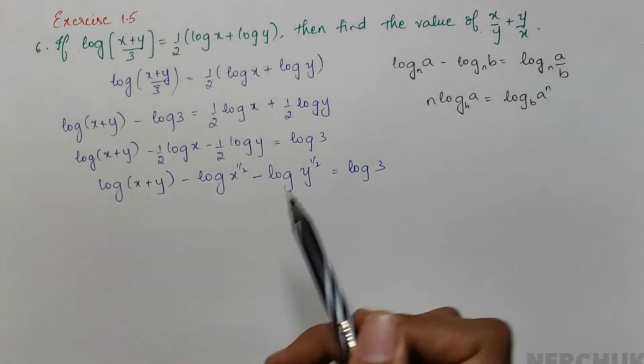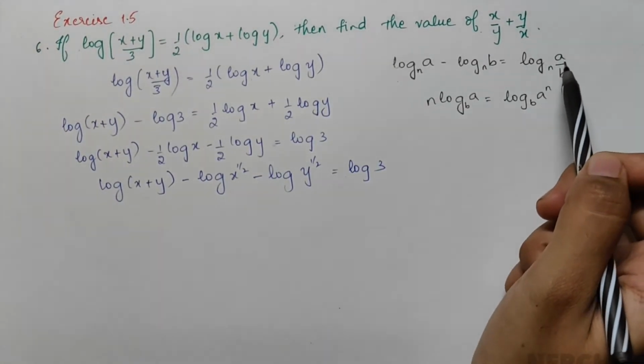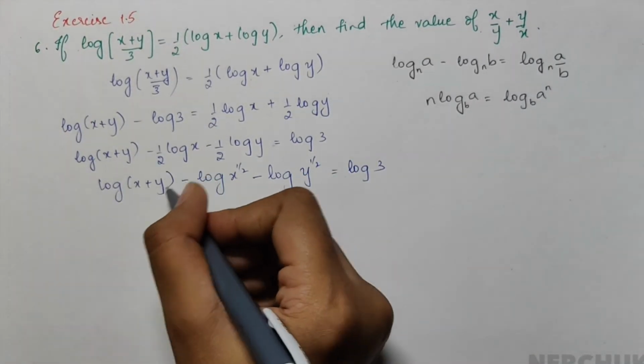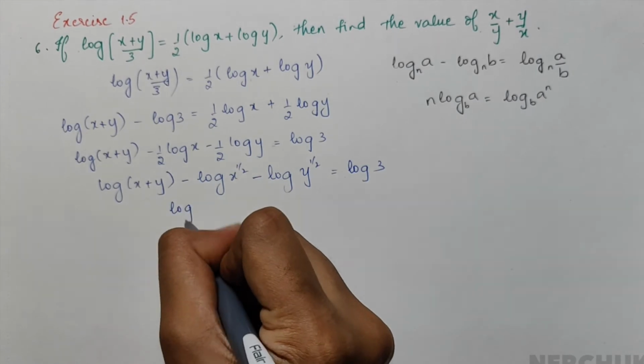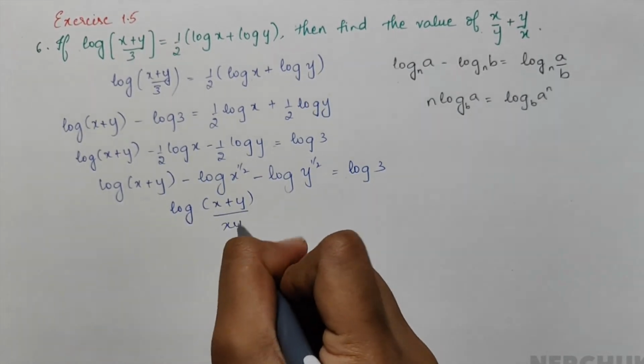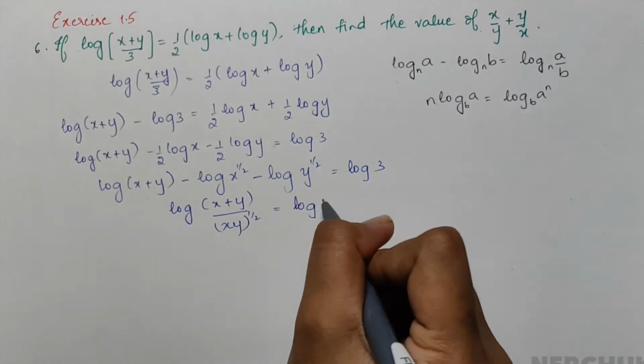In order to solve LHS, I will use this formula again: log a minus log b equal to log a by b, and I would get log of ((x plus y) divided by xy) whole to the power of half is equal to log 3.